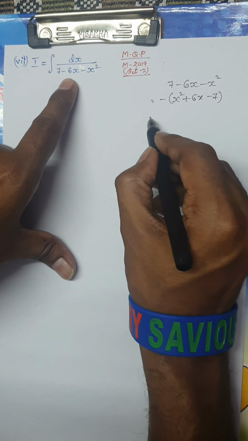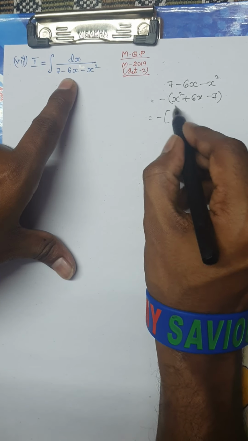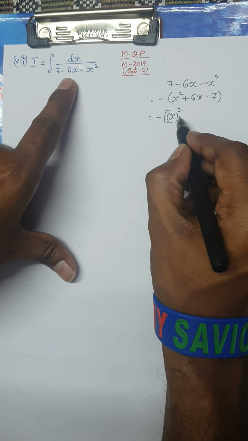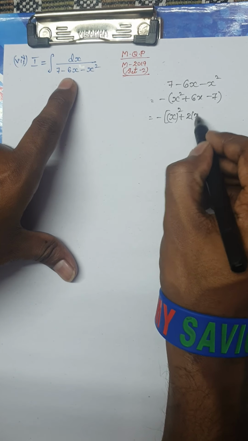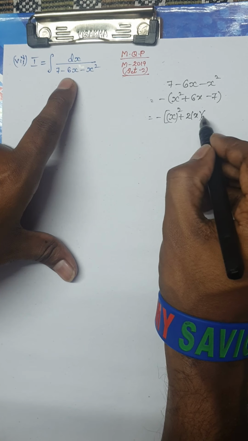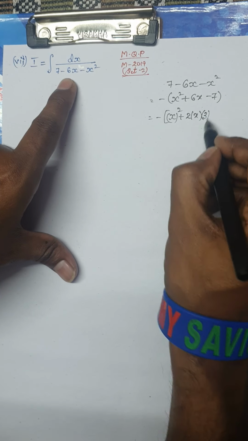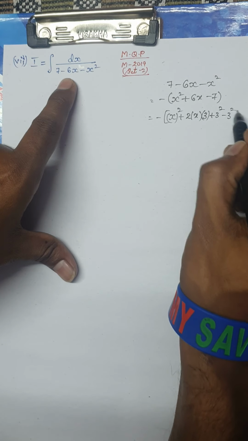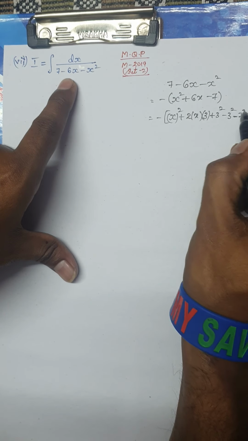In every step I'm going to take this minus outside. So look here, I'm going to write x square as a square plus 2 into a into b, and remember, to get 6x, b is 3. So I will add 3 square and subtract 3 square, minus 7.